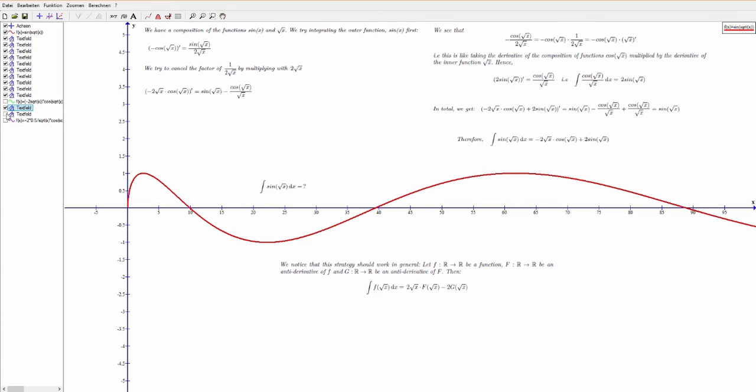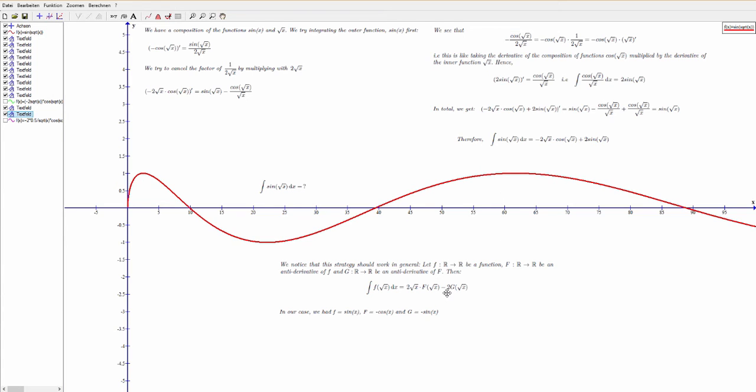And in fact, in our case, the small f, the function that we wanted to integrate, was just sine of square root of x, right? And then the capital F, the first integral of the sine, was just minus cosine. And it's indeed right. 2 capital F is then just minus 2 cosine square root of x, and then times 2 square root of x, like here.